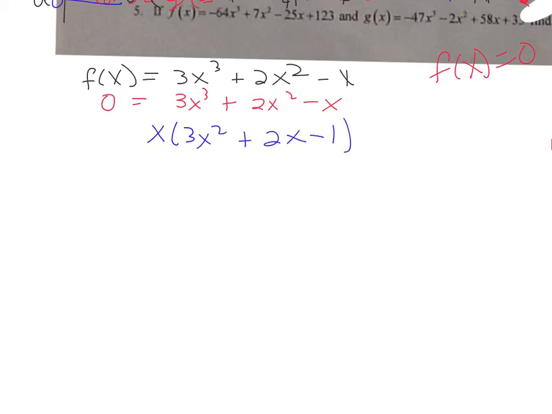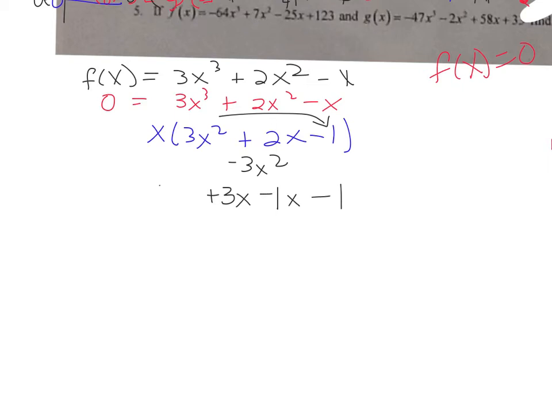All right, and now I want to factor what's inside the parentheses. So we're going to multiply the first times the last. We get negative 3x squared. So what factors will multiply to give me negative 3 and add to give me 2? That would be 3 and 1, x and x. And I have to have positive 2, different signs, so it's negative 1, positive 3.